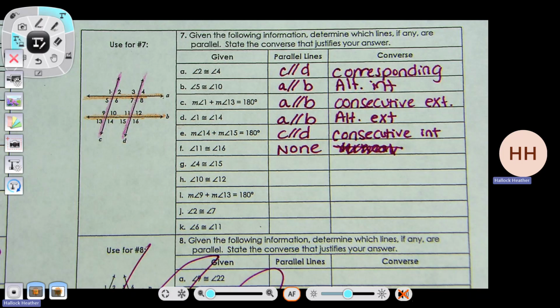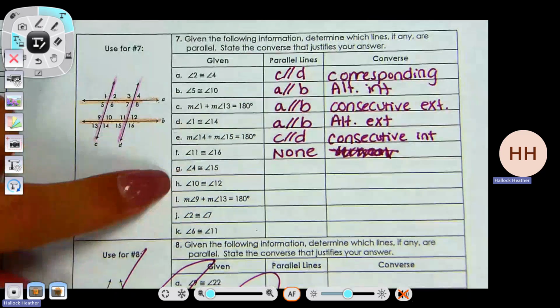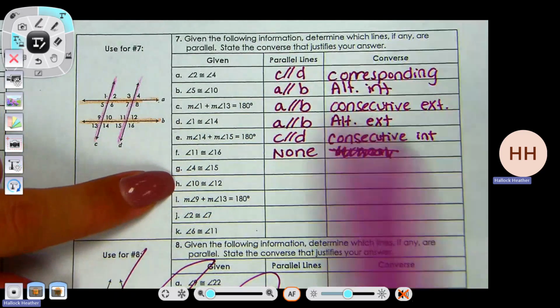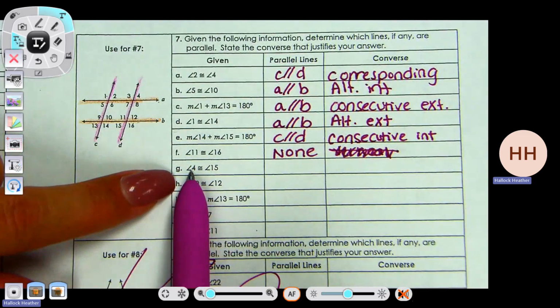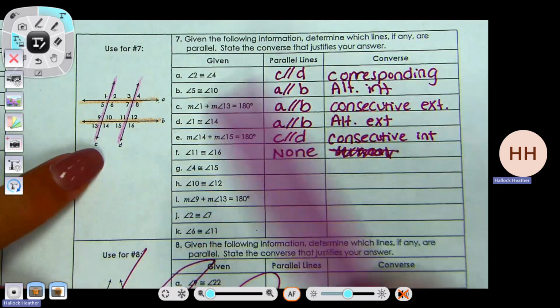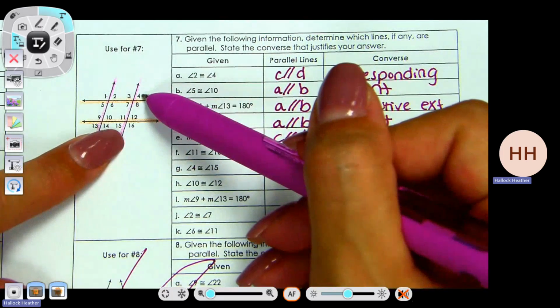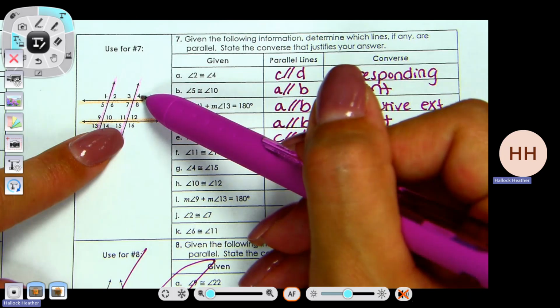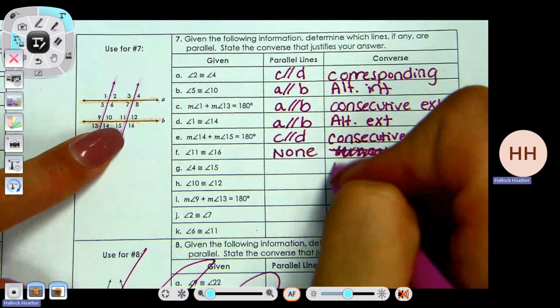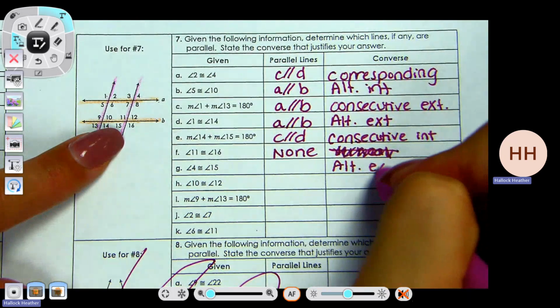What is K? 6 and 11. I don't think that was anything, right? There's none. What's G? Okay, let's go over these. G says 4 and 15. That's alternate exterior.